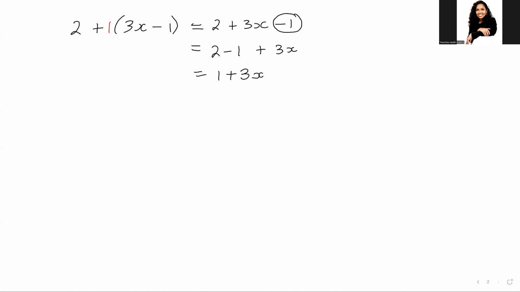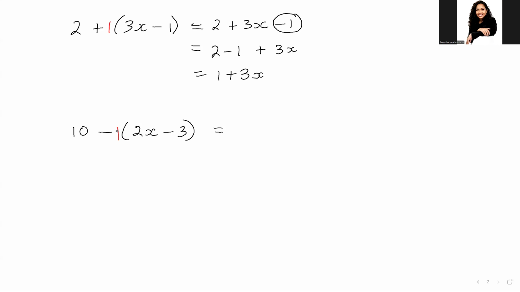And similarly, you could have had, let's say you had 10 take away 2x minus 3. So this would be, well, remember, 10 is by itself, and we imagine that there's a 1 on the outside here.